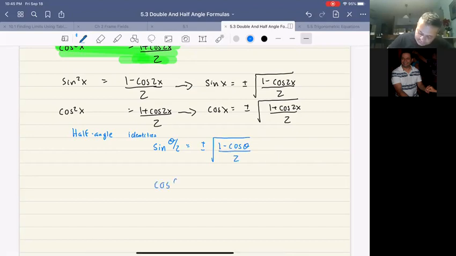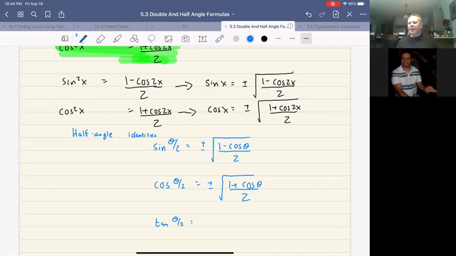Cosine theta over 2 is plus or minus the square root of 1 plus cosine theta divided by 2. And tangent of theta over 2, that's just sine over cosine, the 2's cancel.